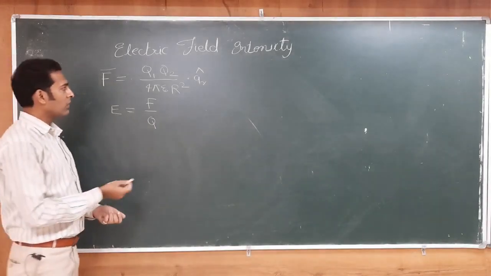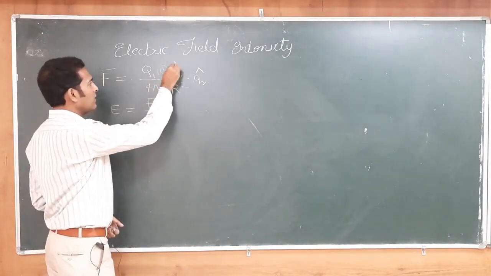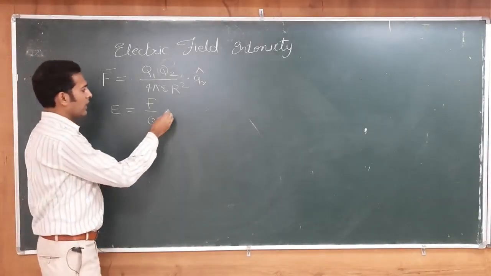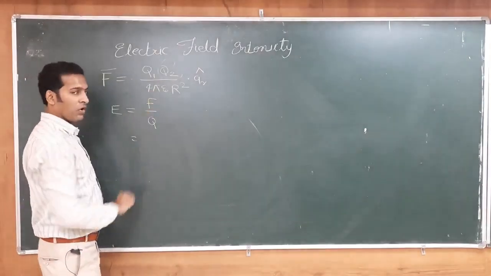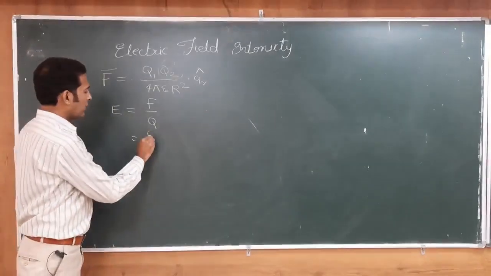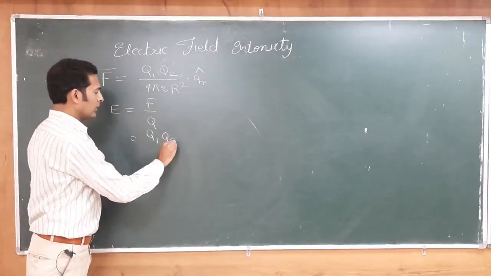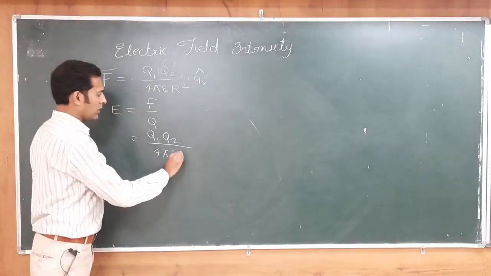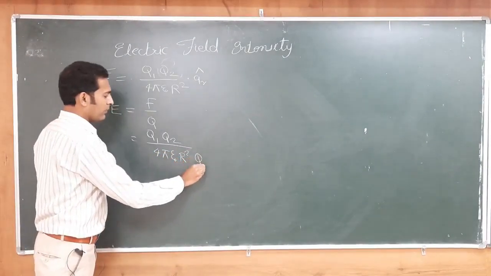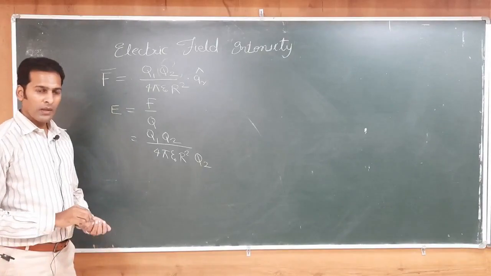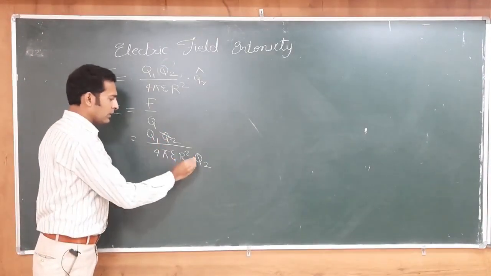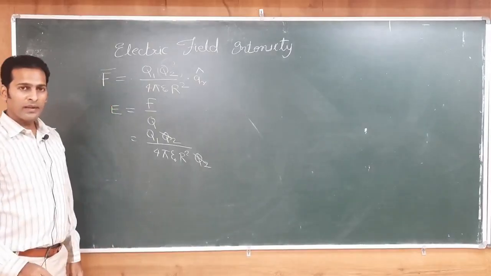So if I want to calculate force on any one charge, say Q2, we have a formula for the force. So I will write down Q1 Q2 divided by 4 pi epsilon naught r square, per Q2. So per Q2, if you write like this, what will happen? This Q2 and this Q2 will get cancelled.